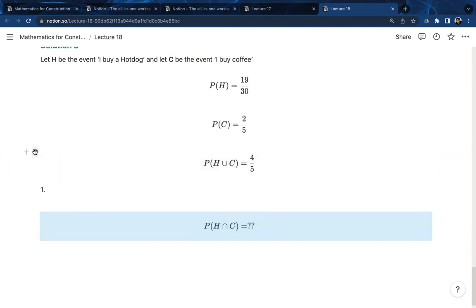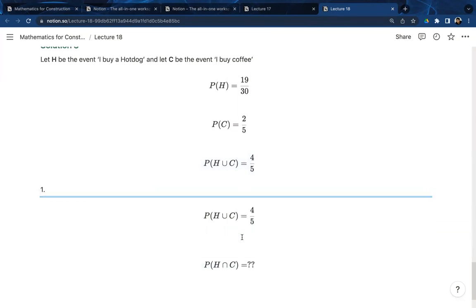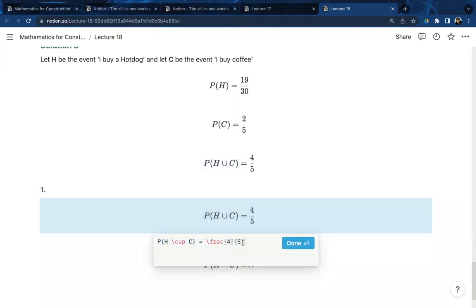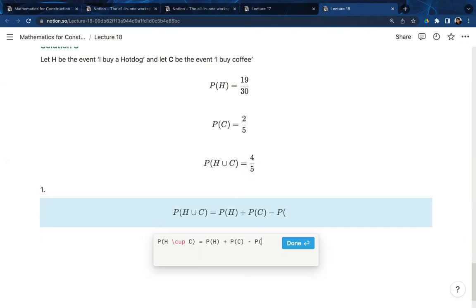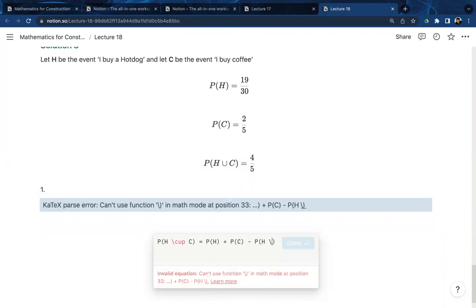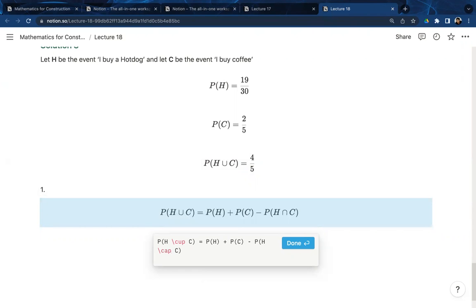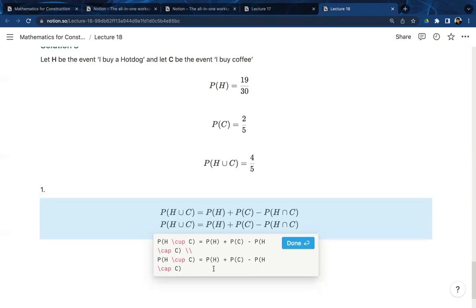So we could say the union, H or C. The union probability they give us as 4/5.